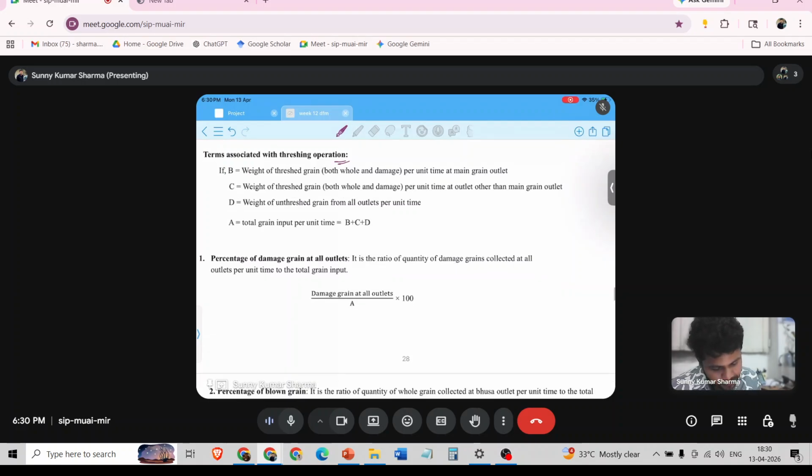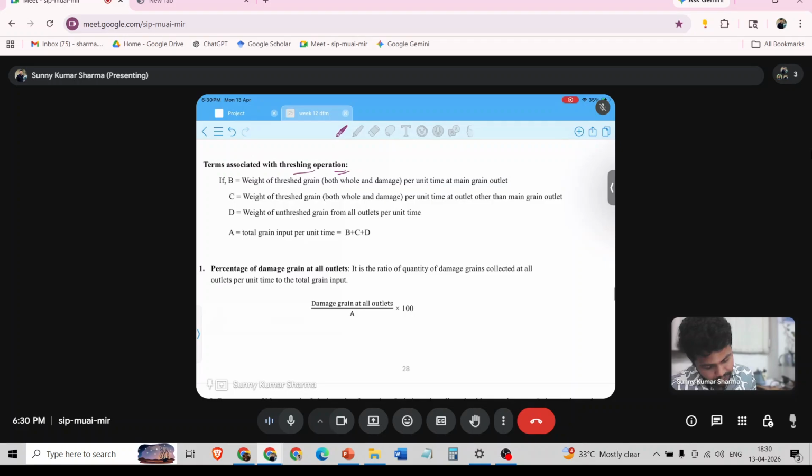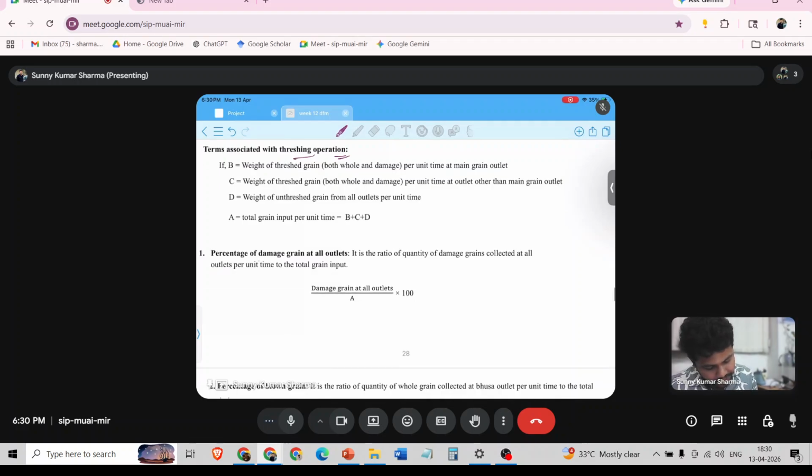So these are the performance parameters of this threshing operation, for which first thing we calculate is percentage of damaged grain at all outlet.